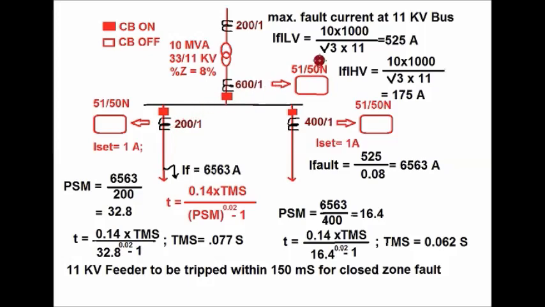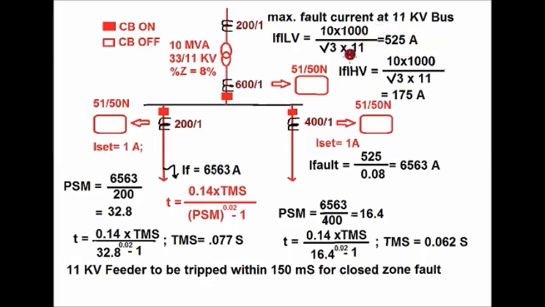So in order to calculate that, we have to know the full load current of the LV side. The full load current in the LV side is given by 10 into 1000 divided by root 3 into 11, which comes as 525 ampere.